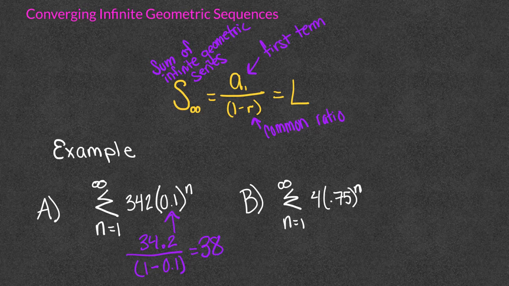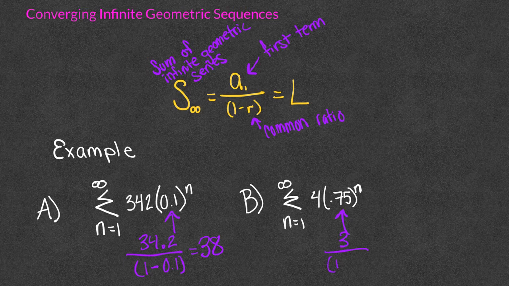Let's take a look at example letter B. Again, I can tell that this is a converging geometric sequence because my r value is in between -1 and 1 and not 0. So it's going to converge. And so again, I'm just going to go ahead and plug in 1 for my n value and calculate that and get 3.